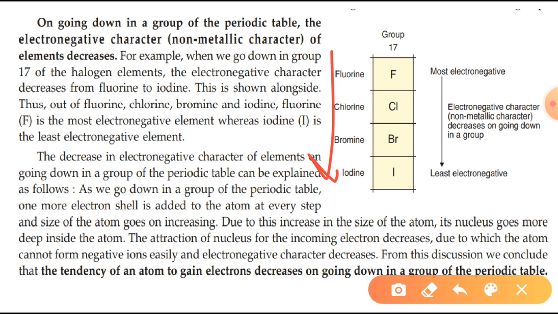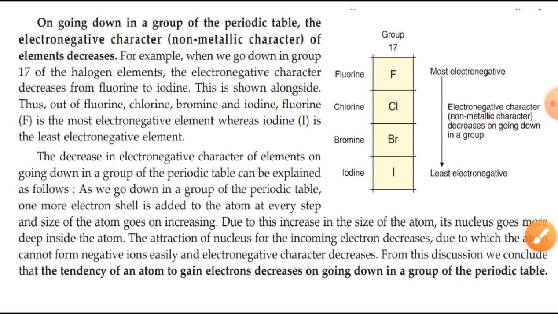Among these, group 17 elements are known as halogens. Fluorine is the most electronegative, just because non-metals accept electrons in order to form their anion. And among these, iodine is the least electronegative element. So it must be clear to all of you.